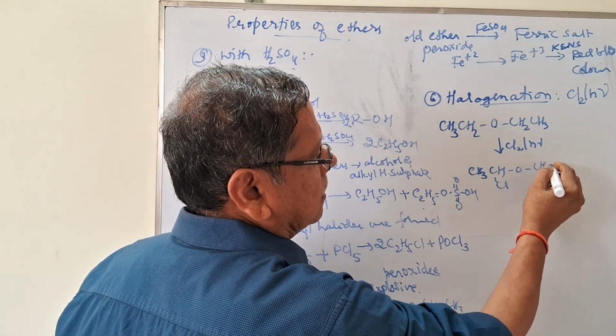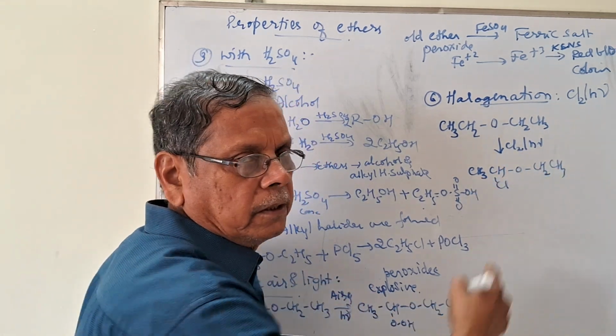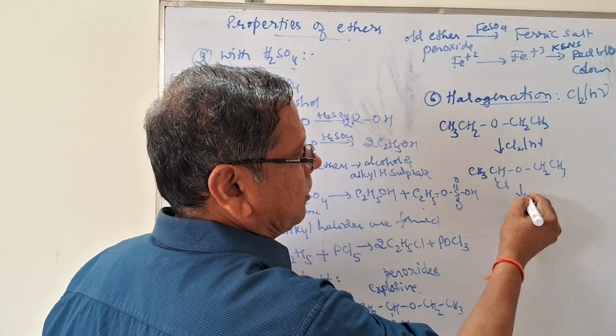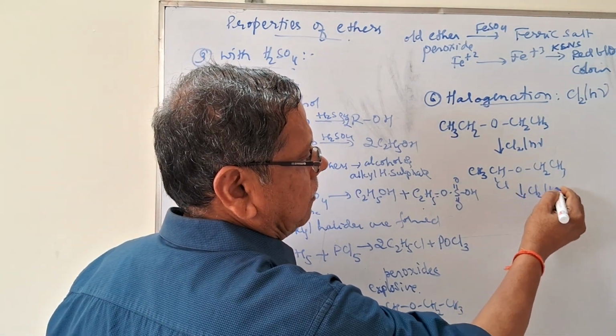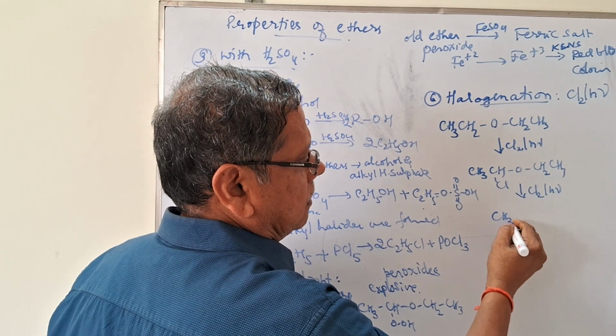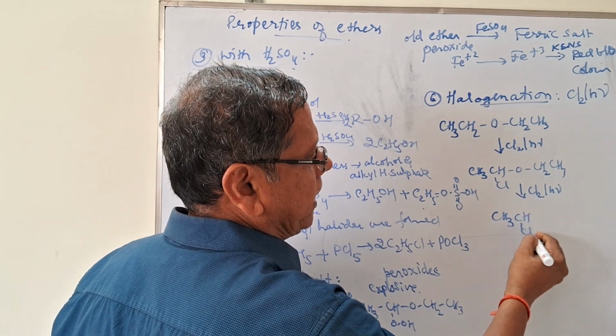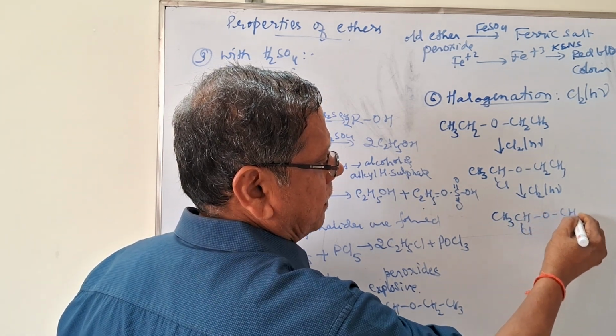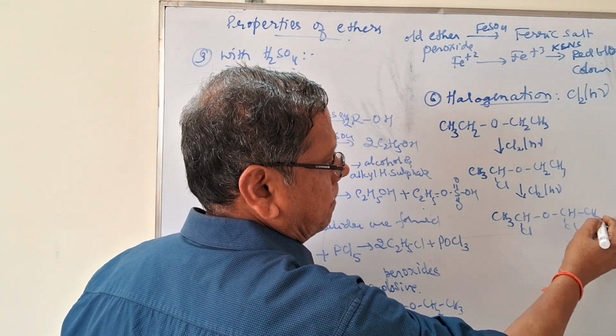to get this chloro derivative. Suppose you treat with one more molar amount in presence of sunlight. This actually follows the free radical mechanism. CHCl, CH3.